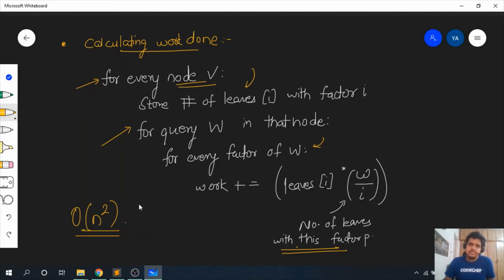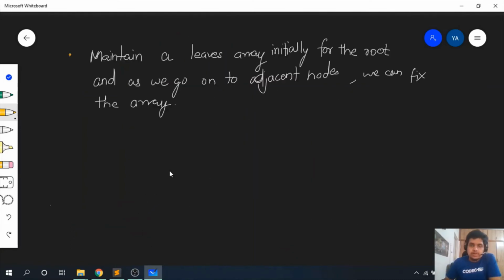So let us see how we can maintain the leaves array efficiently. What can be done is that we maintain a leaves array initially for the root, and as we go on to the adjacent node, we can fix the array. Now how can this be done?